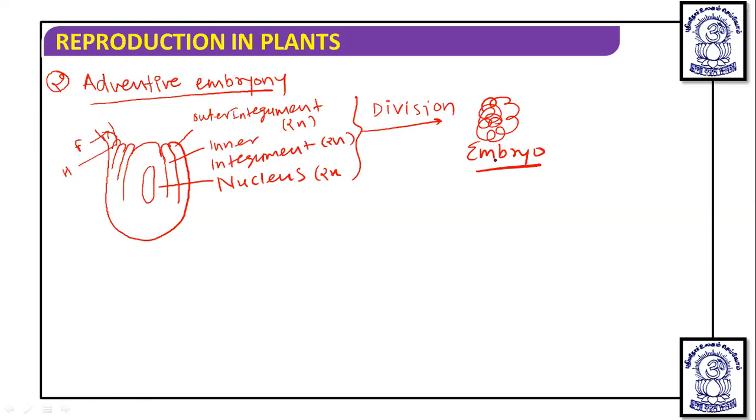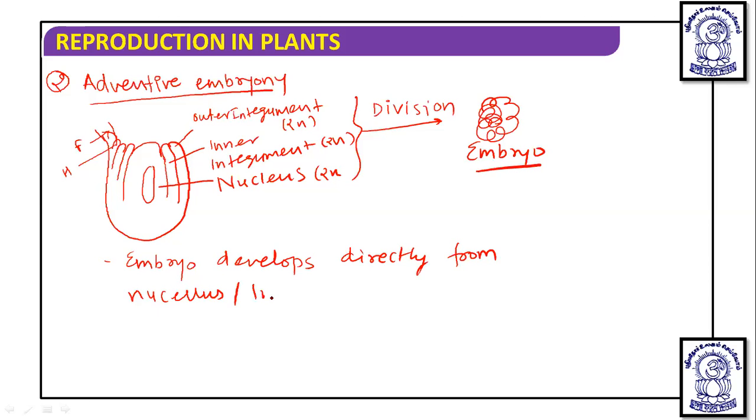So here the embryo develops directly from the nucellus or integument. Whereas in the previous recurrent angiospermy, what we have studied, first the embryo sac will be formed, then the embryo will be formed. But here what is happening? Direct embryo is getting formed from the nucellus or integument.